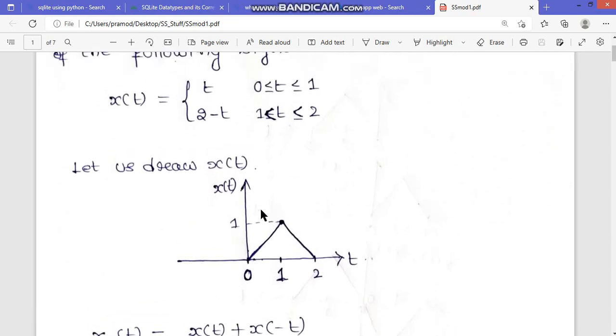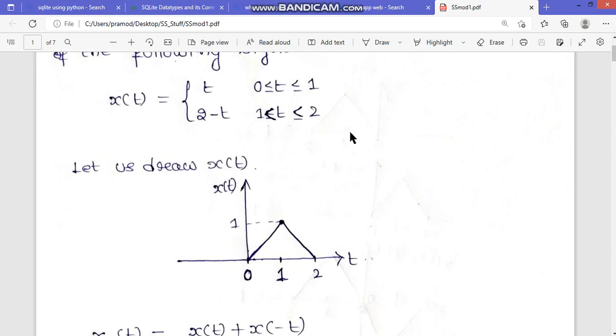You should be very clear that if this signal is given you should be able to write this equation, and if this equation is given you should be able to draw this signal. I cannot say this is important only here; in module 1 it is applicable everywhere.